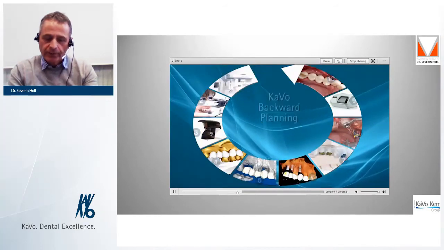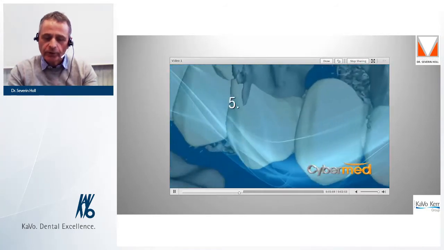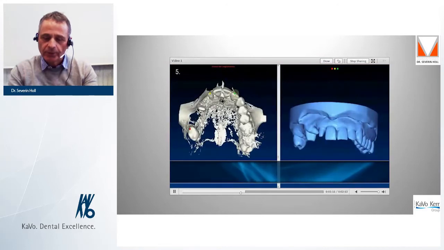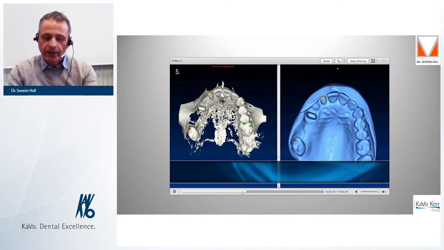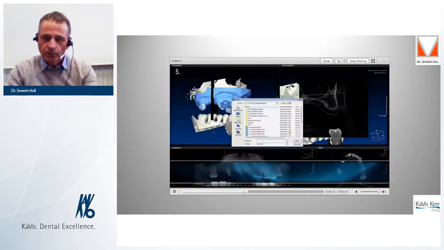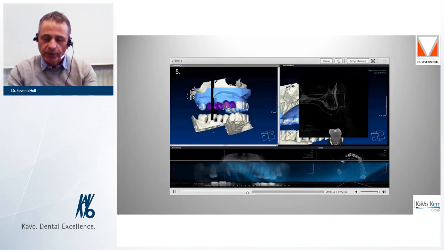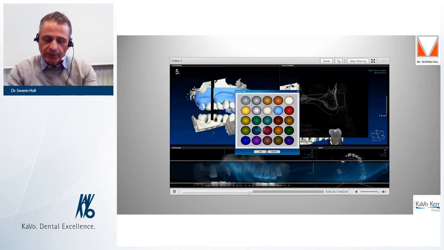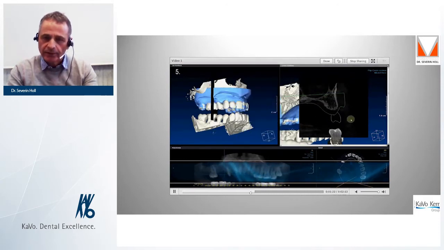In our 5th step, we move on to the surgical planning by superimposing our CBCT and the optical scan of the stone model. Then we import the prosthetic planning in our software, and thus we have the basis for a correct implant planning.